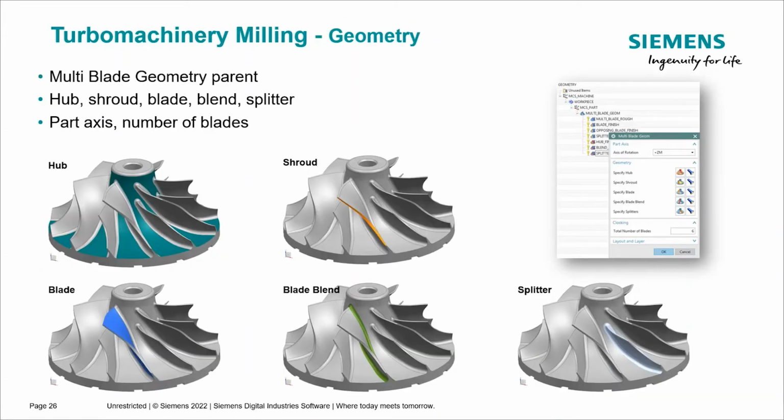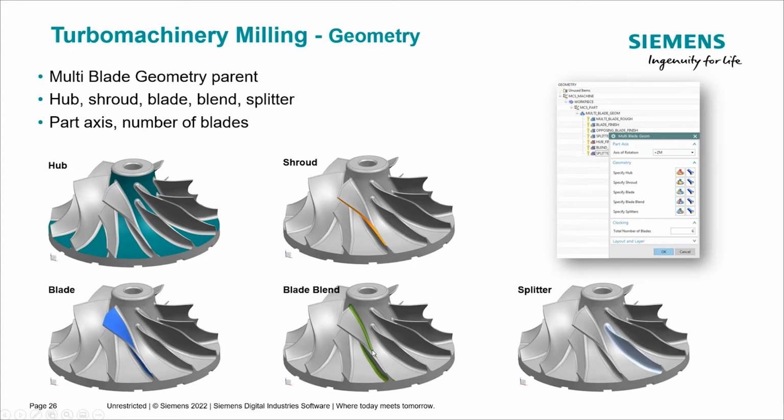Geometry for doing impellers is you go in, you define your hub as the floor down here. The shroud is the outside edges of the blades. Then we will get on the blade sides of the blades here. The blend is down at the hub where the blade contacts.